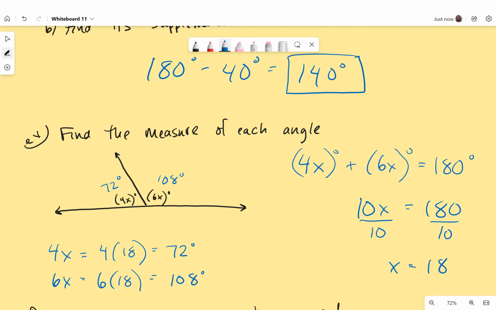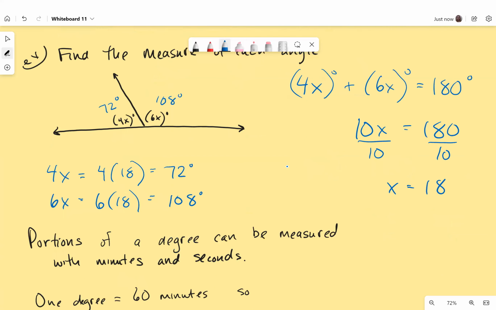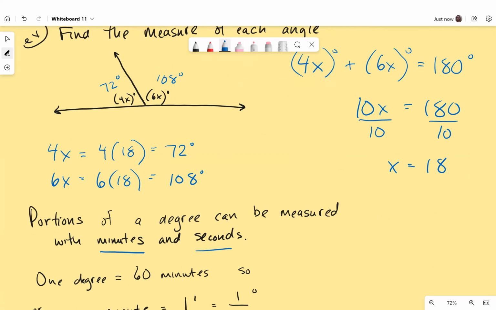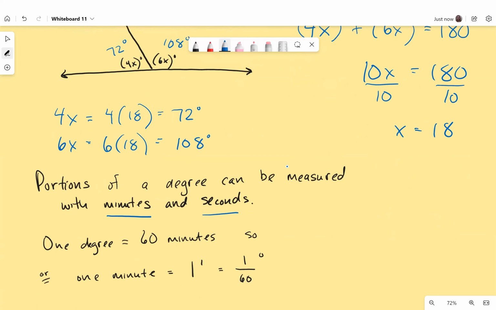Okay, so we could take these measures of degrees and further break them down into smaller units that we call minutes and seconds. Similar to our time units, we have 1 degree equals 60 minutes.